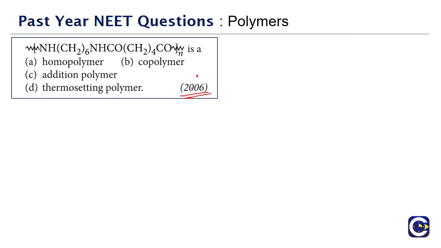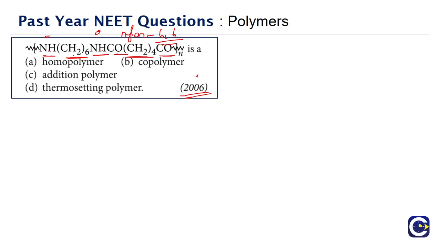Next we have a question that has come in 2006. NH (CH2) 6 times, NH CO (CH2) 4 times, CO, that is the repeating unit. What is this? This is the repeating unit for what? Nylon 66, right? Because we have the hexamethylene diamine.